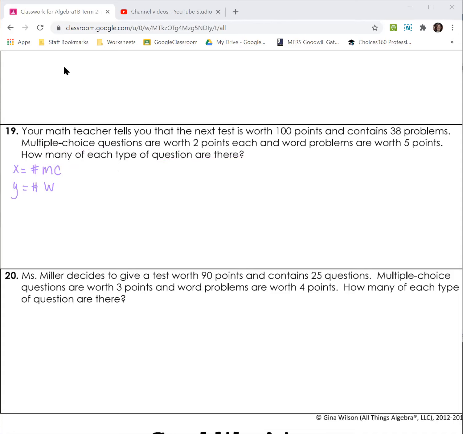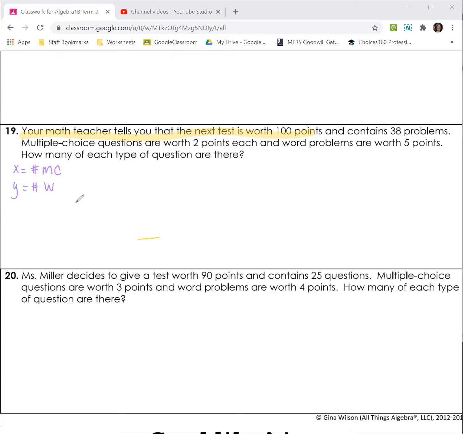So, let's look at our clues. He says that it's going to be worth 100 points. So that means I have to take however many multiple choice problems times how much they're worth, okay, plus the number of word problems times how much those are worth, and that will give me a total worth of 100 points.